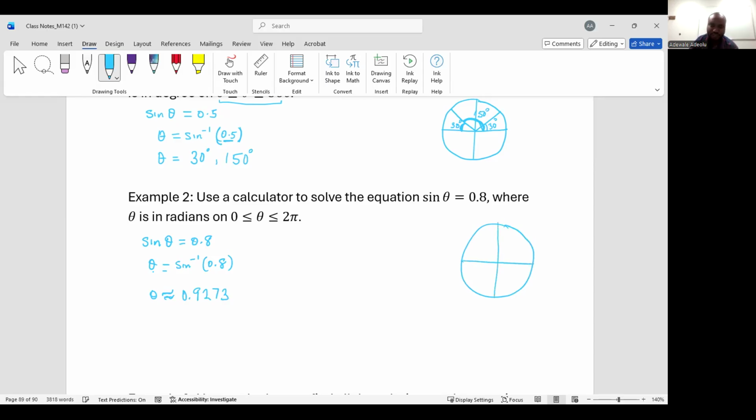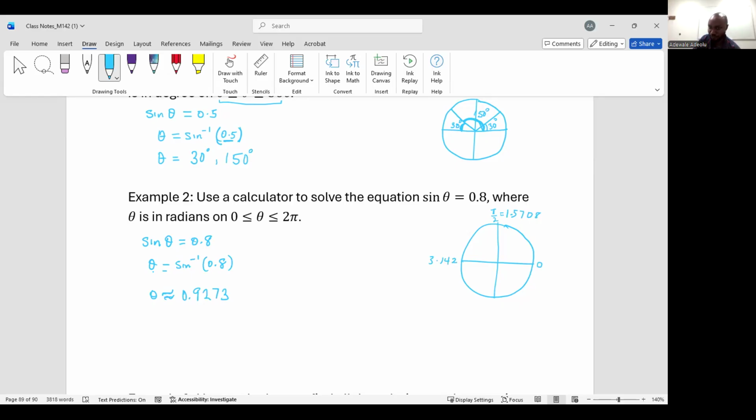So I have something like this. Let me show you this. Remember, this is 0. Here is pi over 2, which is the same thing as dividing pi by 2, which is 1.5708 approximately. Here is 3.142, that is pi.